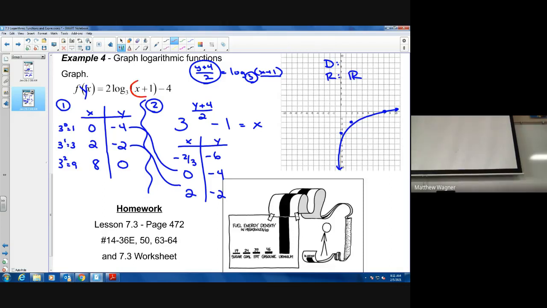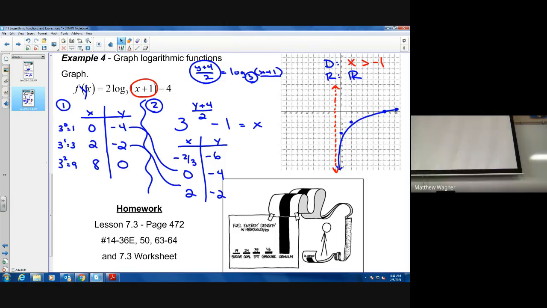Remember, with exponential graphs, our asymptote and range were related to our k value. So it would make sense that with logarithmic graphs, where we switch the x and the y, our asymptote is related to our h value now. And if you notice, it works out perfectly. Our x values have to be bigger than negative 1, which does coincide with that h value.